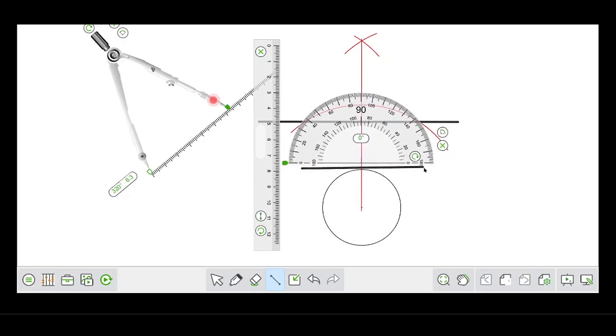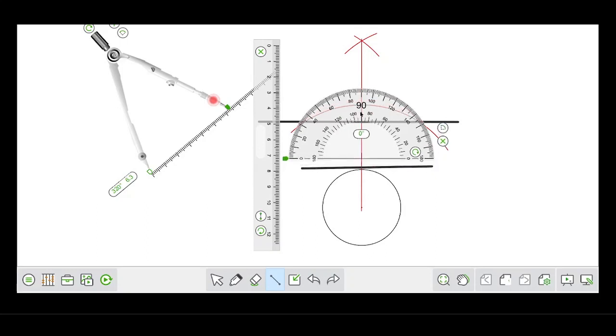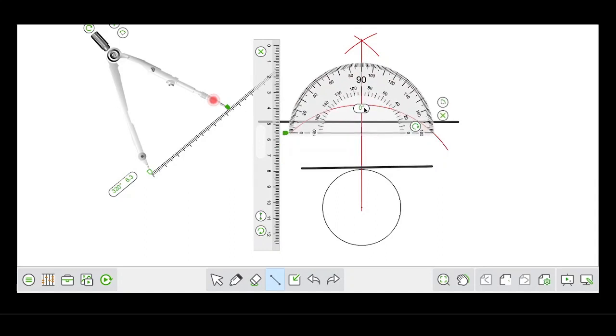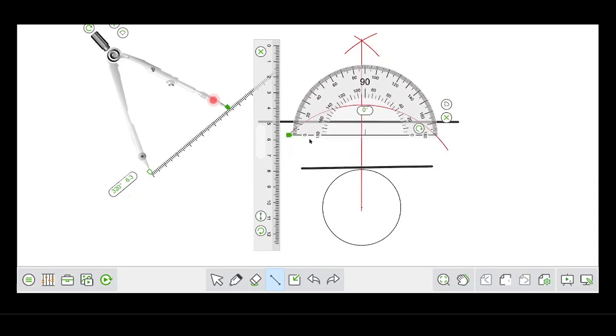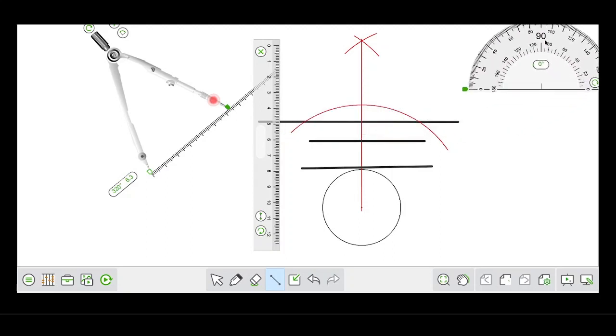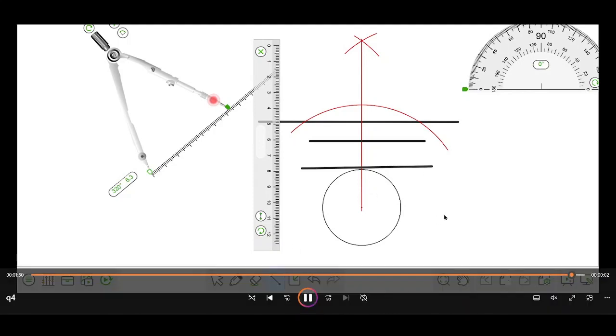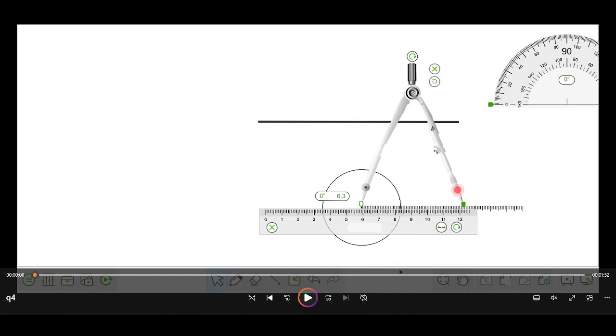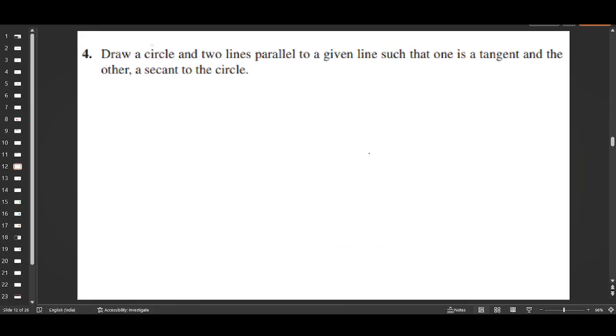With the help of this we can draw a parallel line which is at 90 degrees and also intersects the previous line. Clear? So in this way we can draw and complete the question. So this is the fourth question.